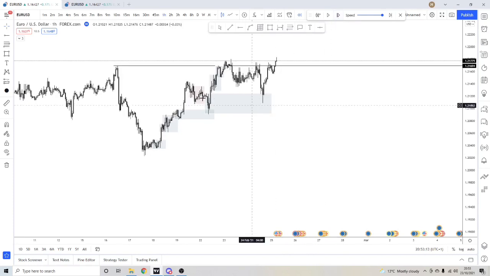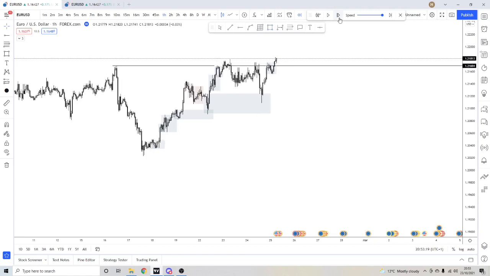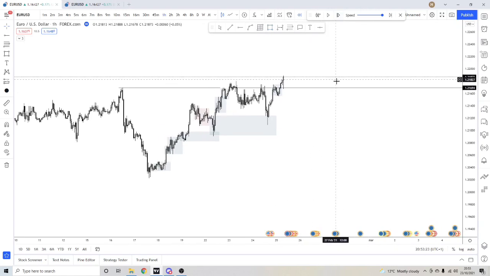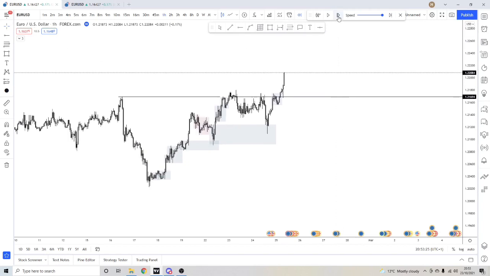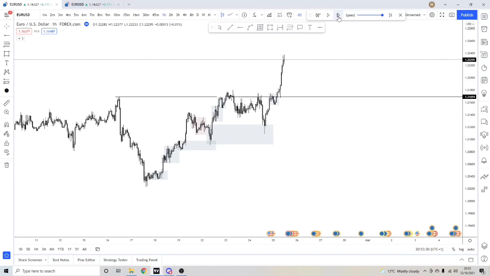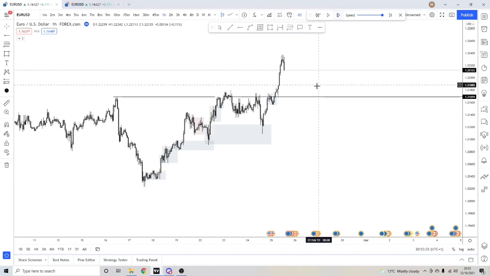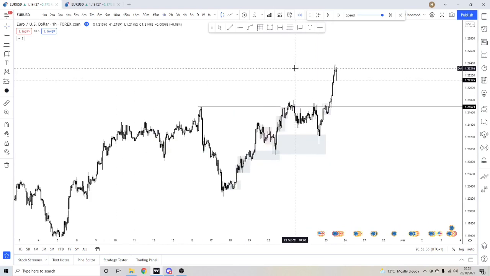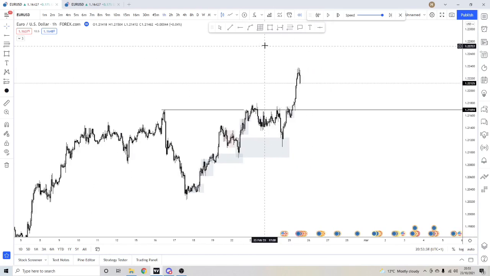Now, again, range created, our most recent range. What happens? We come back into that range and off we go, and more than likely there's a range to the left that was left unmitigated for this reason.